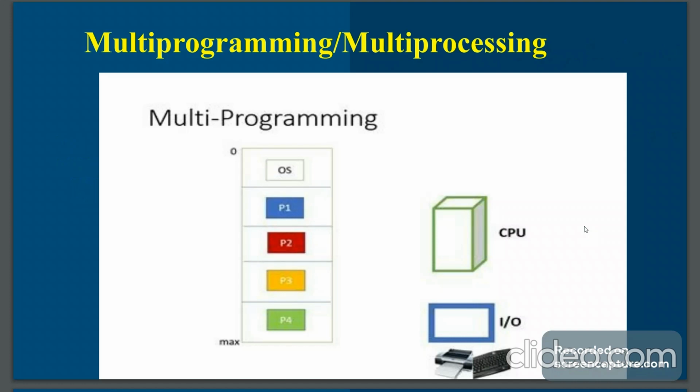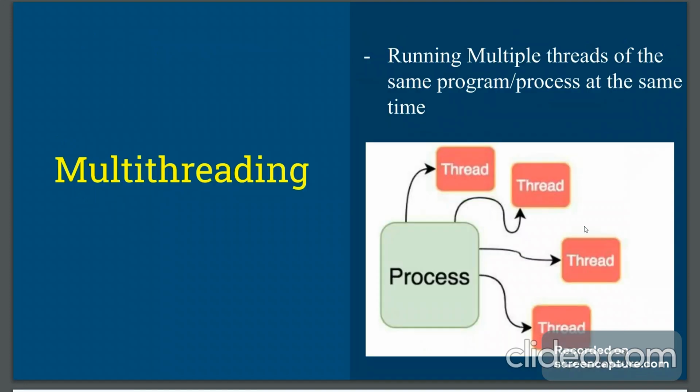Now, in multi-threading, as opposed to multi-programming, multiple threads of the same program get executed at the same time. For example, there is only one process, but there are many smallest executable blocks in that process and they get executed at the same time. That is known as multi-threading.